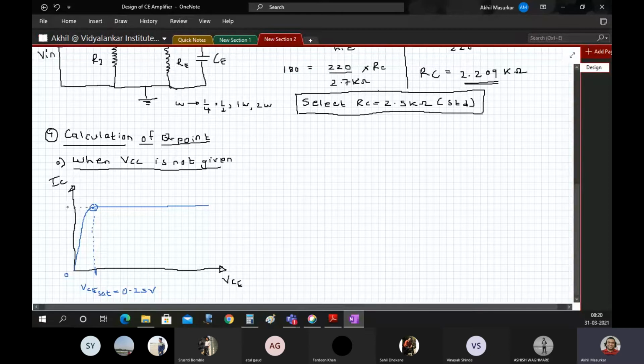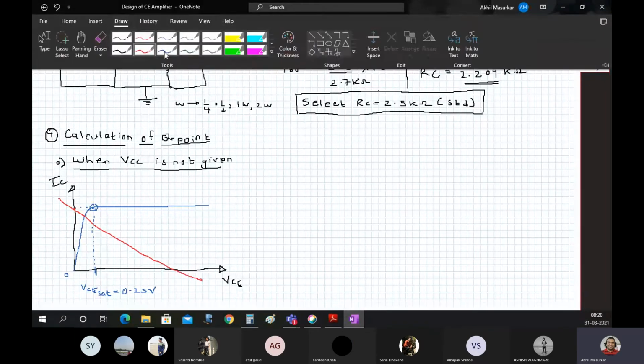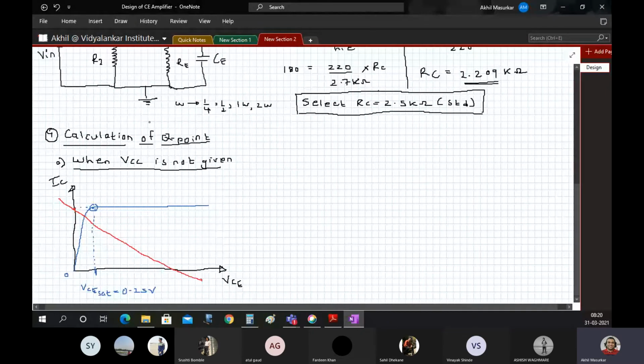And of course my Q point will lie on the DC load line, so I will have to draw the DC load line too. Now the Q point is on the DC load line. I'll just show this Q point here. This value will be ICQ and this value will be VCEQ.